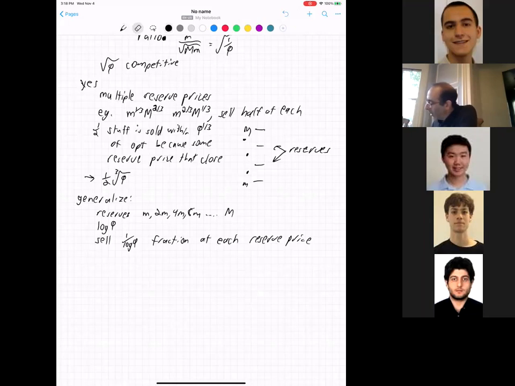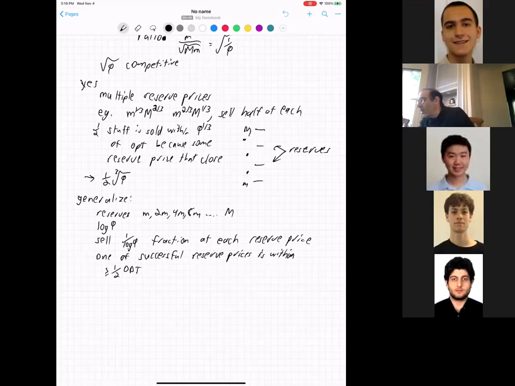Right? And again, now we can say that one of the successful reserve prices is within a factor 2, it's at least 1/2 of the optimum price, because these are distributed in powers of 2, right?